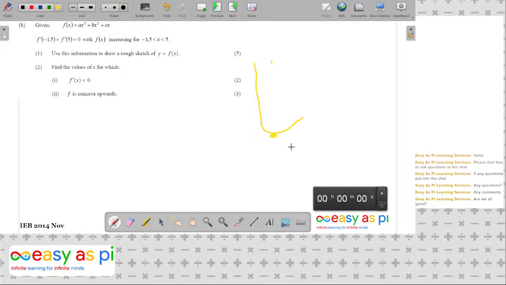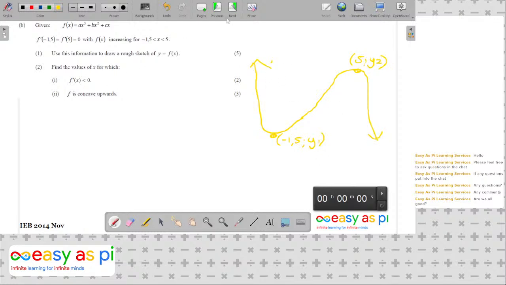Now we know that this is going to be some value minus 1.5, and y, let's say y1, it's going to increase, and then turn around and go down. And this is going to be some value 5 and y2, right? So we know it looks like this.